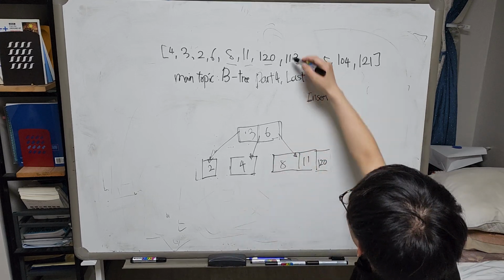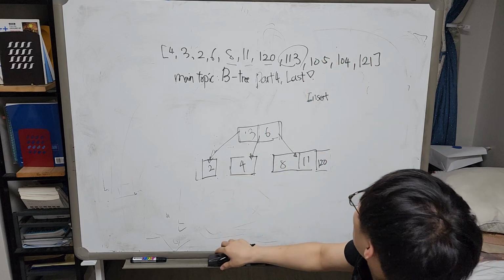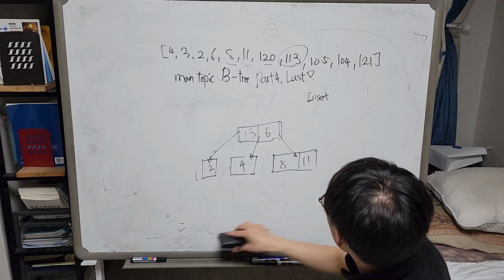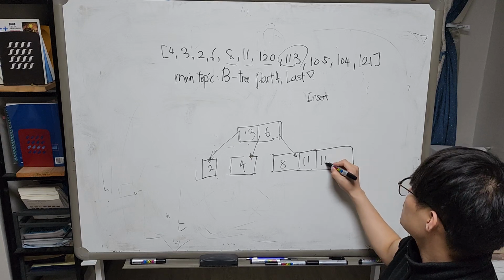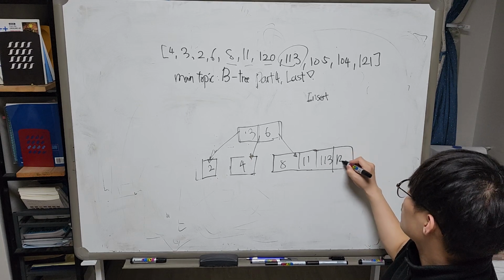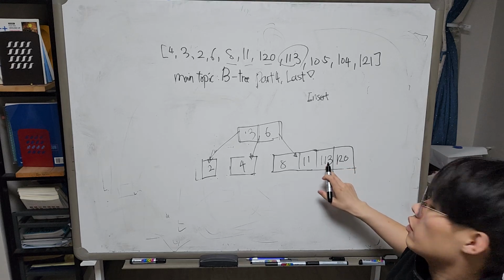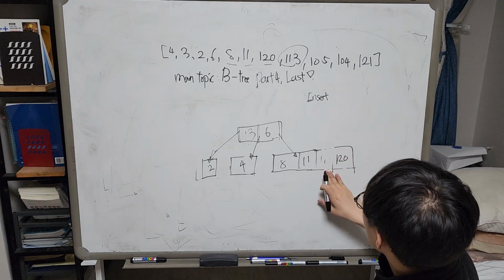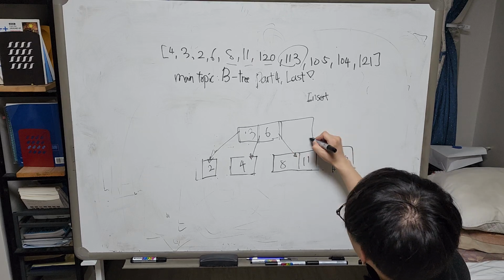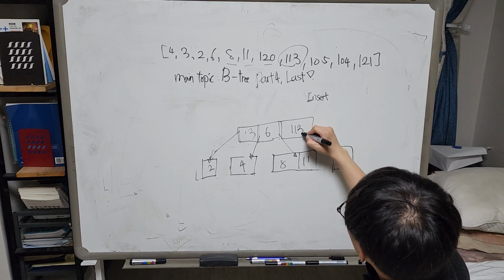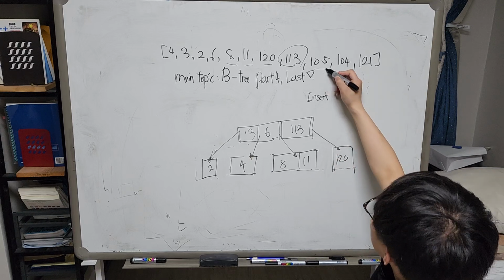And now let's insert 113. 113 is here, and when trying to insert 120, 113 is also going to be the primary key. So let's put it like this.